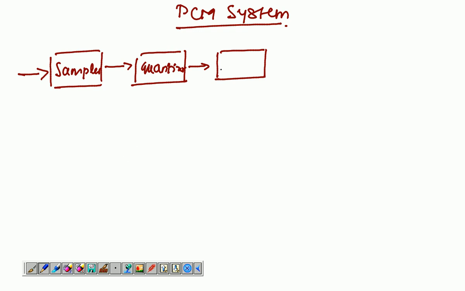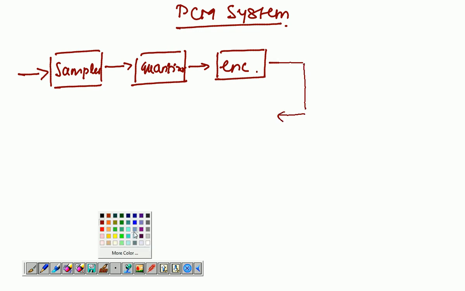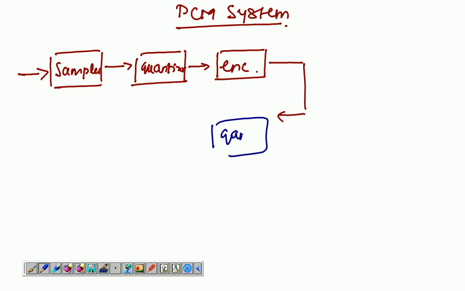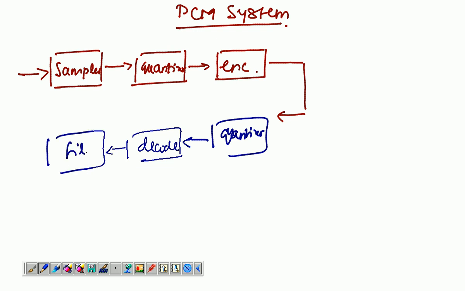Okay, that's it. And then at the receiver, again, you quantize it to remove noise. You decode it and you pass it through a filter. And this is your reconstruction filter.